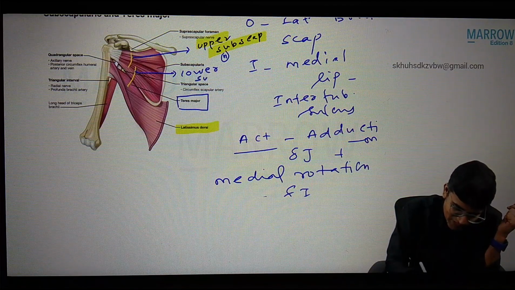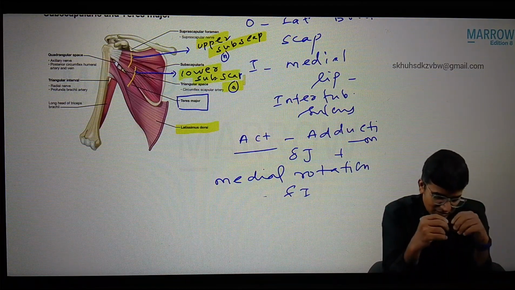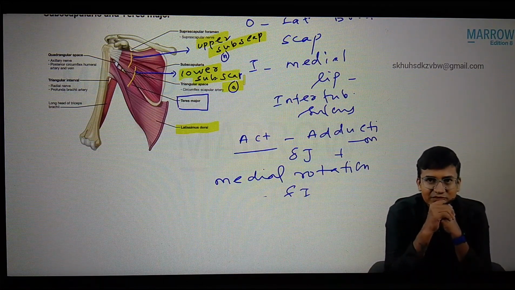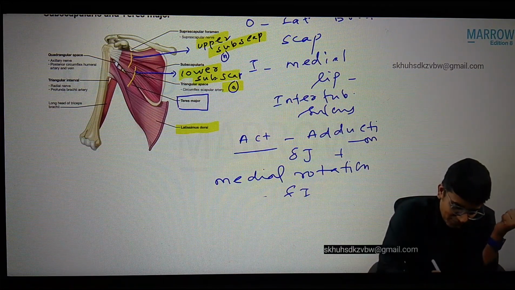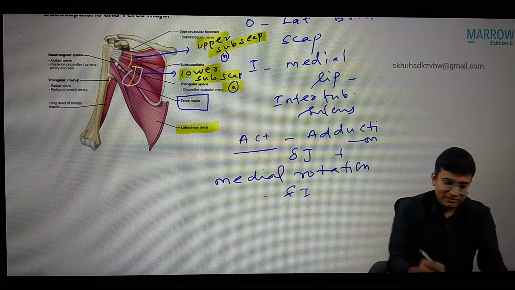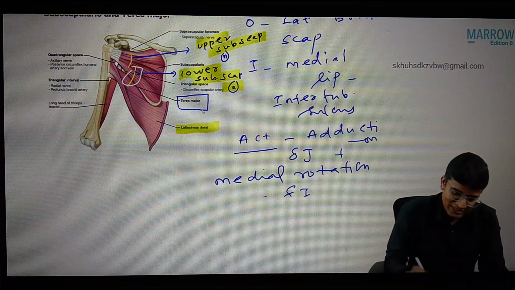So our teres major is supplied by, see the diagram, which nerve? This nerve. What is that? Yes, our lower subscapular nerve. So teres major is supplied by the lower subscapular nerve.